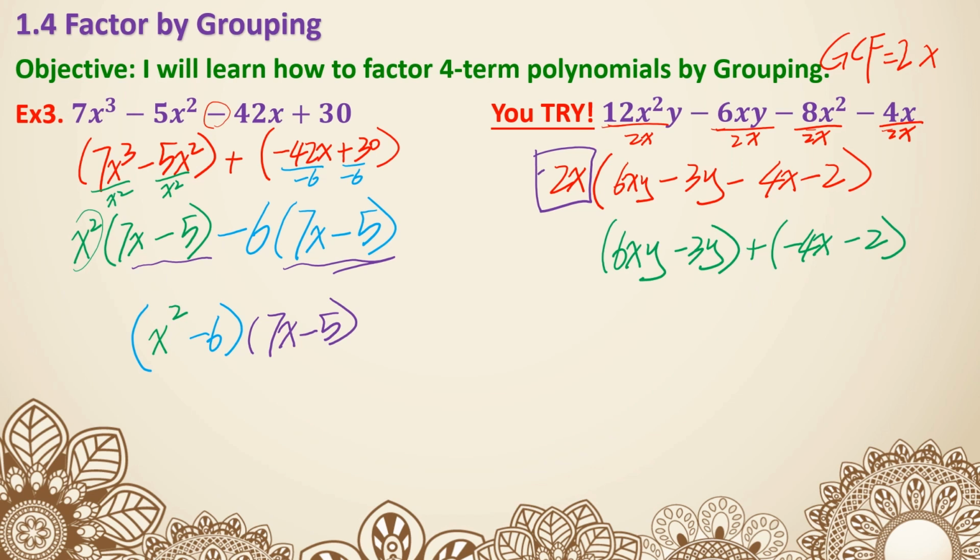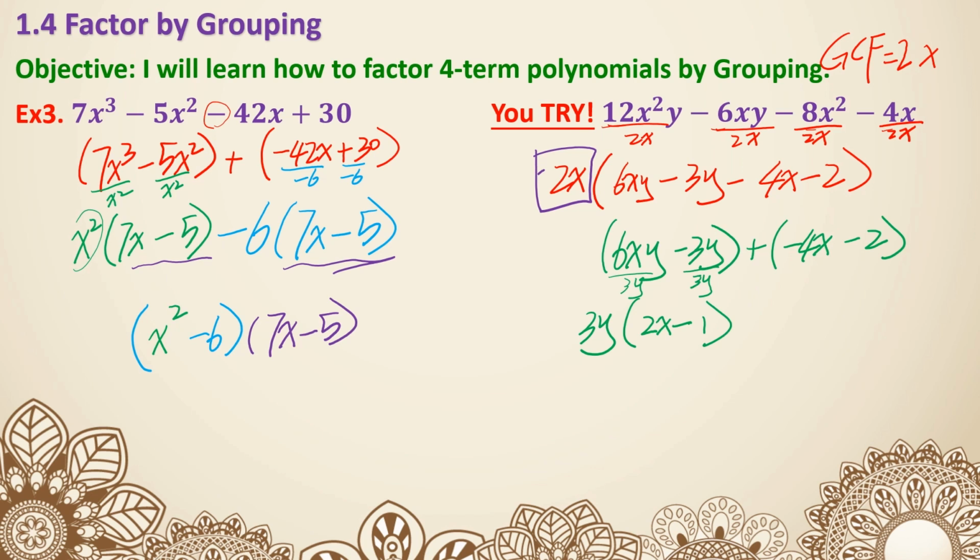Let's start taking things apart. In the front, 6xy and -3y, they share 3y. Divide each one by 3y, and you will find 2x minus 1 left.